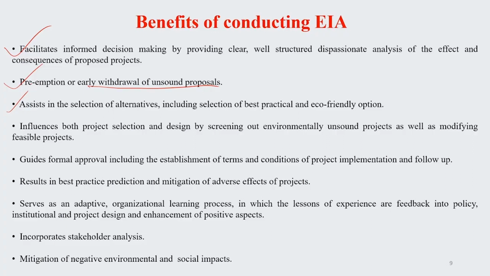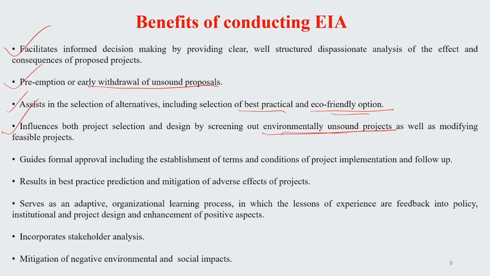EIA also assists us in the selection of alternatives, including the best practical and eco-friendly option. EIA also influences both project sanction and design by screening out environmentally unsound projects as well as modifying feasible projects.